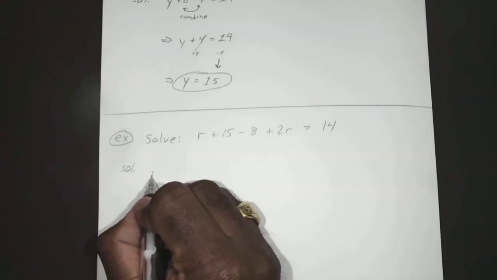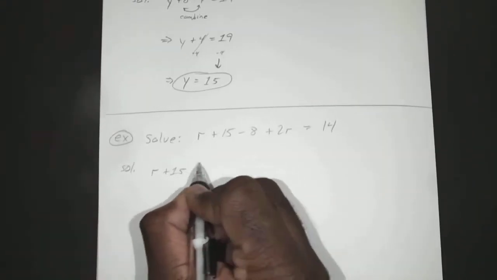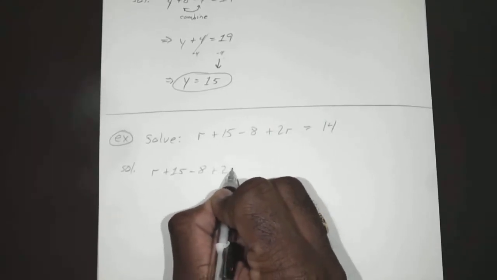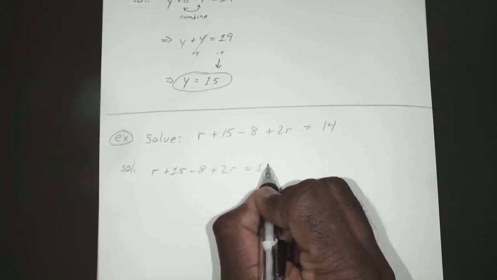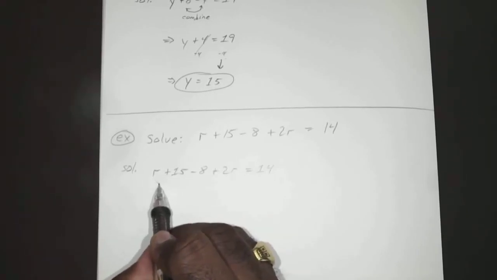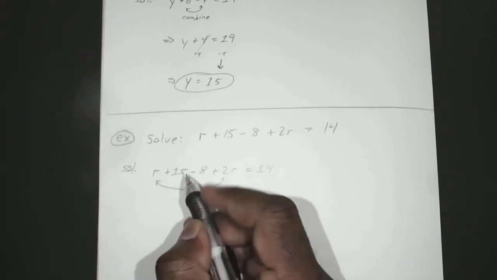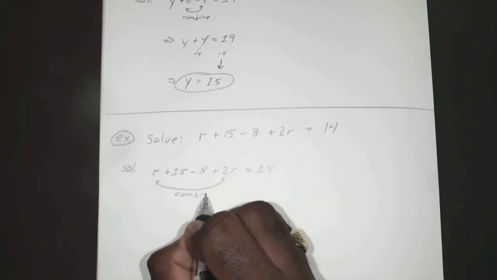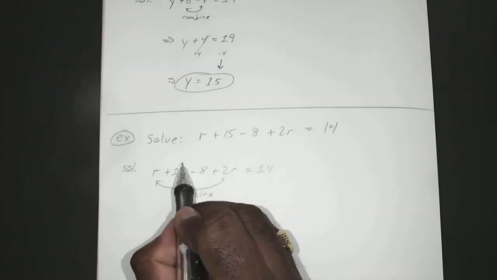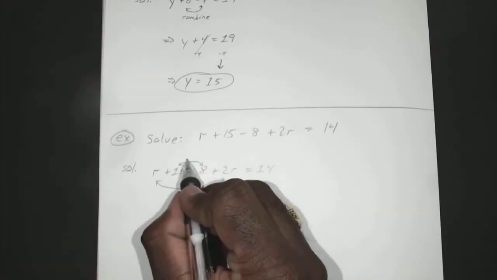Okay. So if you have r plus 15 minus 8 plus 2r equals 14, you can combine those two, and you can combine these two.